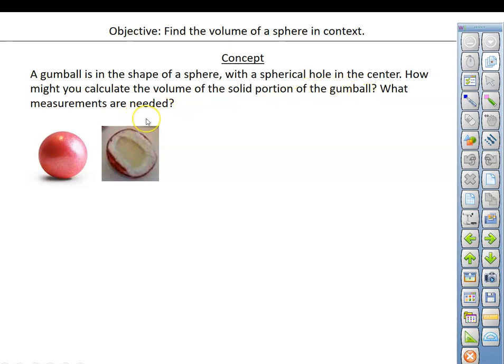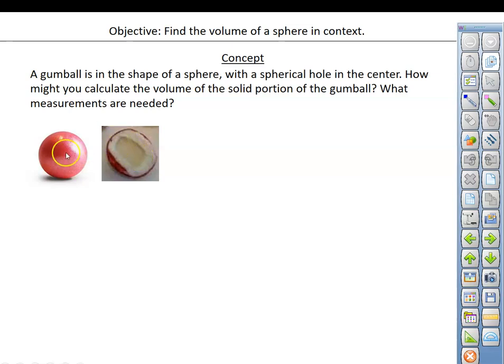What measurements are needed? We've done problems similar to this before with other types of solids where we remove part of something. And we have learned that what we have to do is subtract off the volume of what is being removed. Since both the gumball and the hole inside are spheres, the only measurement we need to calculate the volume of a sphere is its radius.